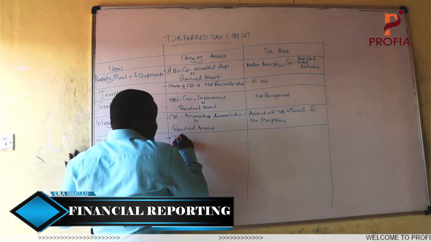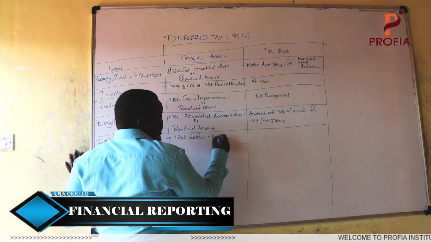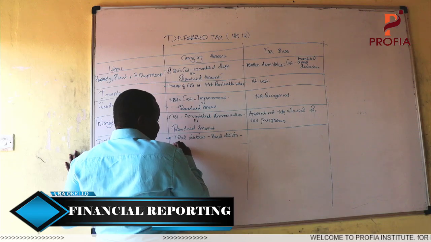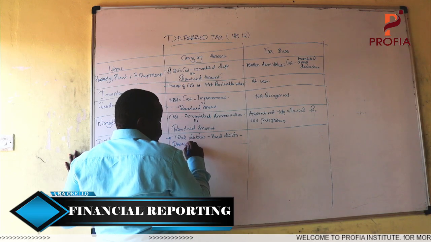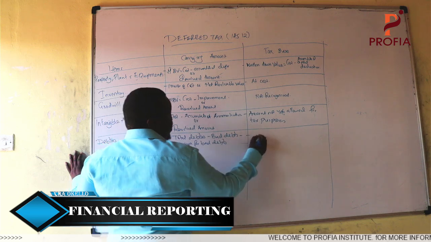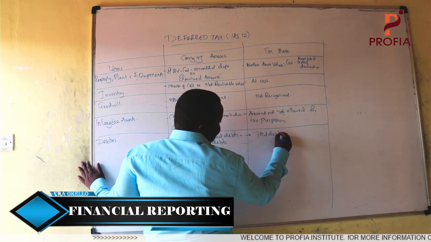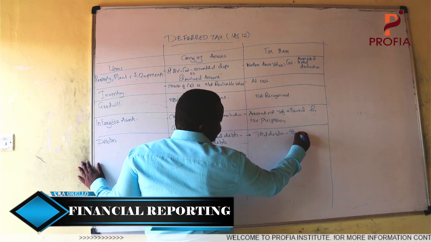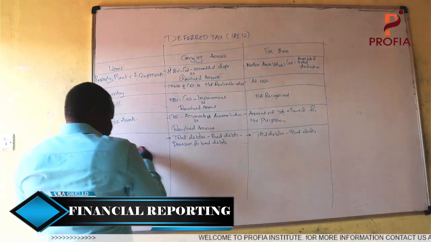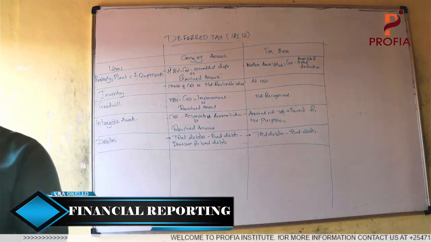Total debtors minus bad debts minus provision for doubtful debts, while on the other side it was simply total debtors minus bad debts.